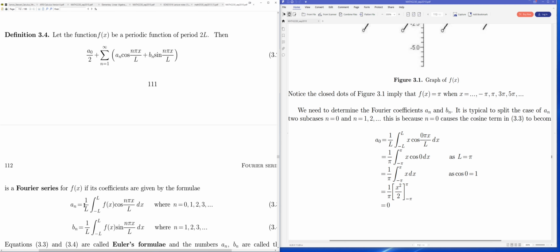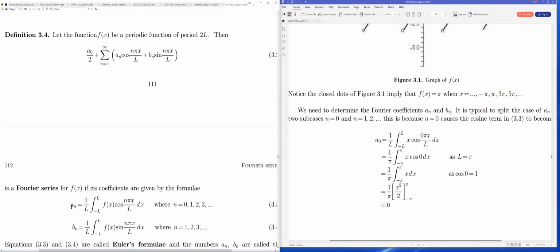Now, for your formula for the an, you want to split that into 2 cases: the case when n is equal to 0 and when n is equal to 1, 2, 3, and so on. Let me start with the a0, and then I will do the case n equal to 1, 2, 3 onward. You'll see why I need to split into 2 cases. Anyway, let me start working on the a0.